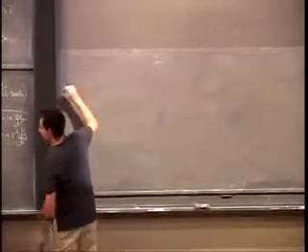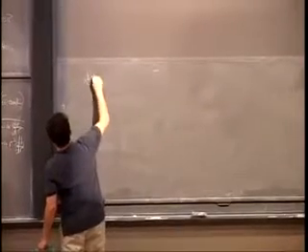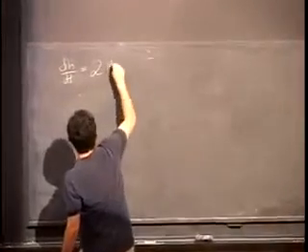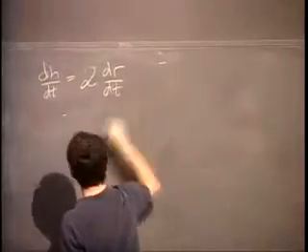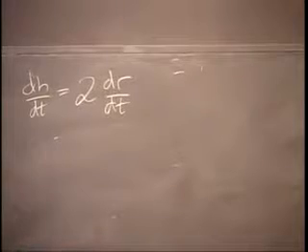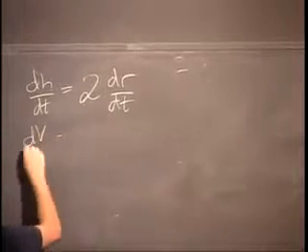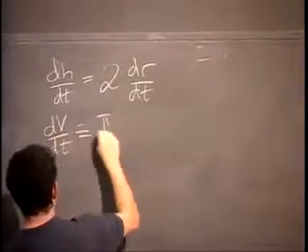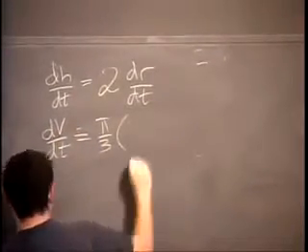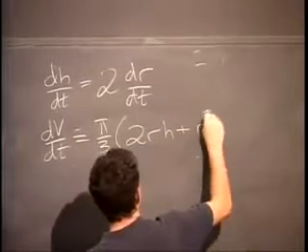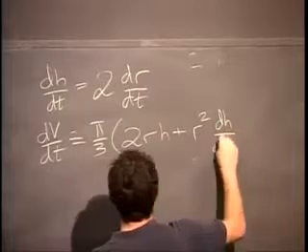So, let's just summarize those equations. I have dh/dt equals 2 dr/dt. And I have just found that dV/dt is 1/3 pi, 2rh plus r squared dh/dr.